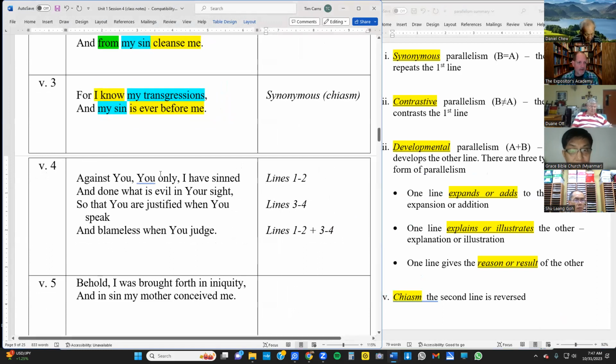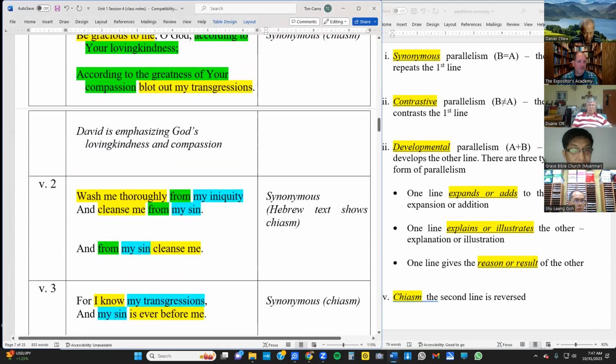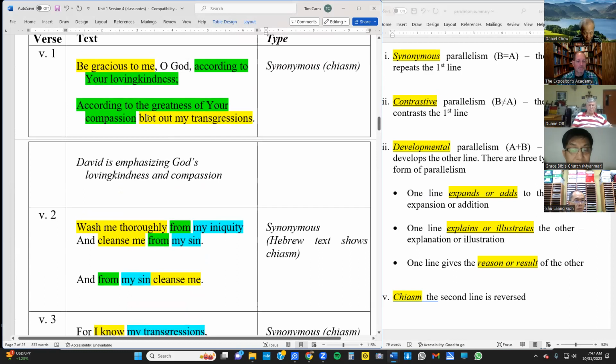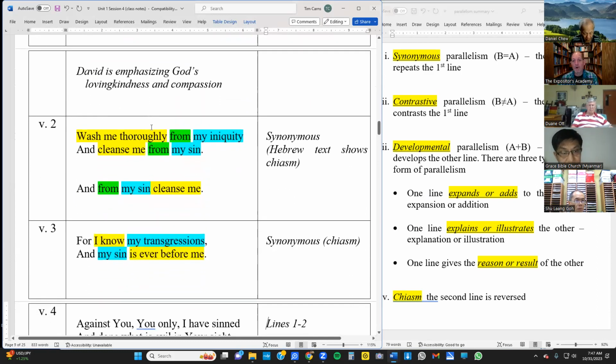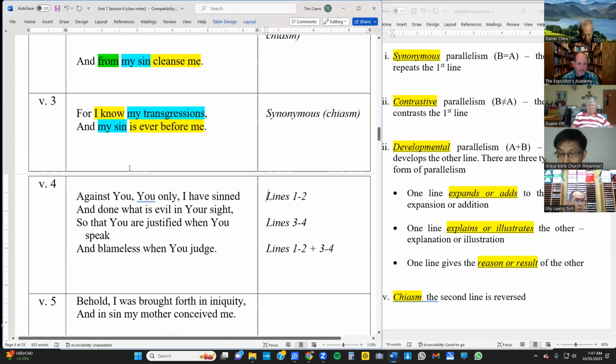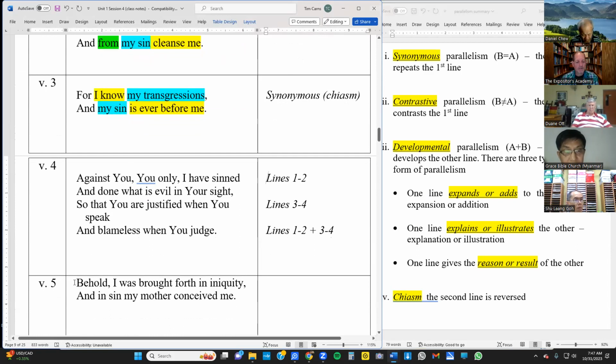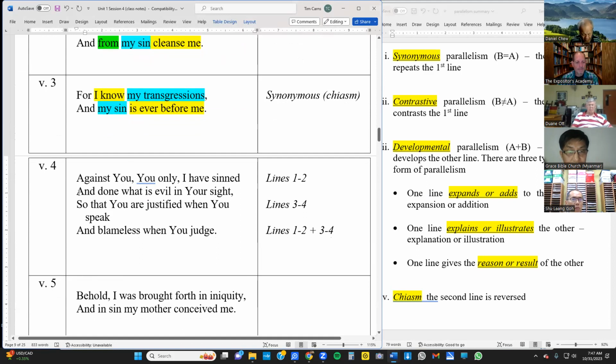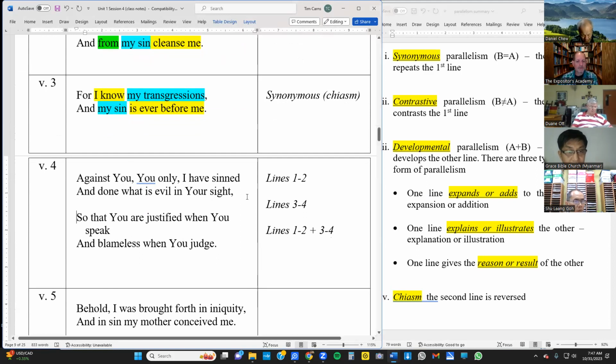So it's going to be a little more complicated. So far, verses 1, 2, and 3 each had 2 lines. They were bicola, if you remember, 2 lines, or couplets is another expression. But when we get to verse 4, David changes, and he goes from 2 lines to 4 lines in this case. So we need to consider each of these uniquely.